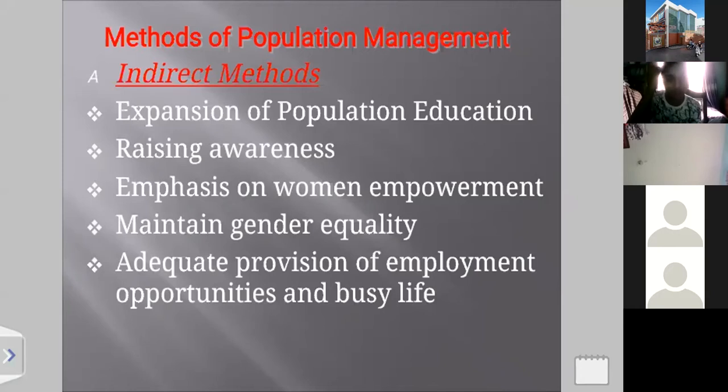So we should expand the knowledge of population education. If we expand it, surely it helps to minimize the rapid population growth rate, and minimizing the rapid growth rate is one way of population management. So we have to expand the knowledge of population education among different people to reduce the birth rate and manage the population. The first indirect method of population management is the expansion of population education.